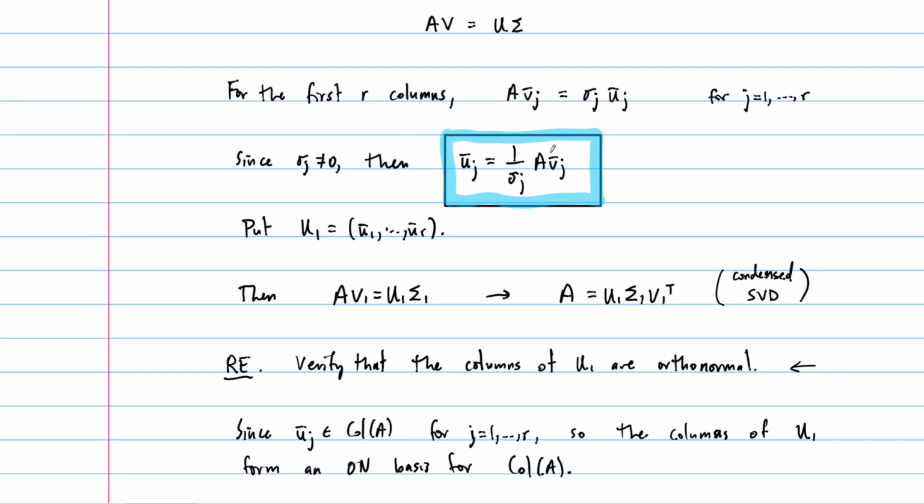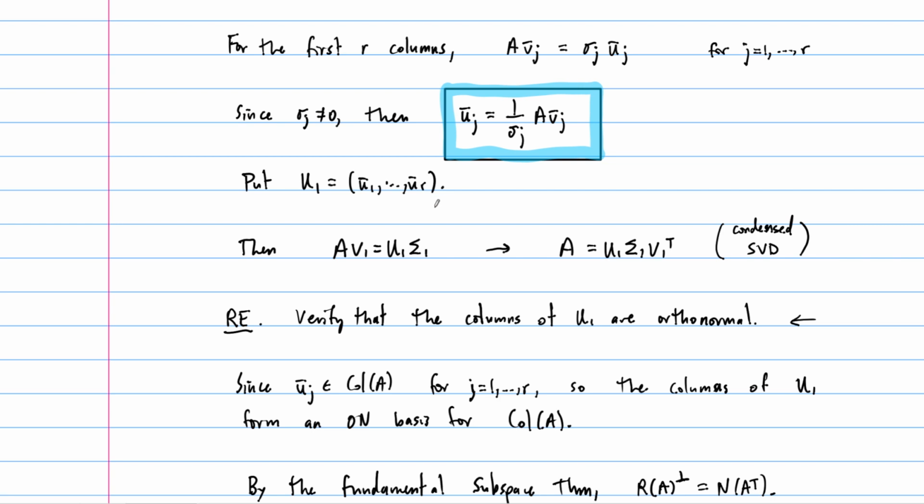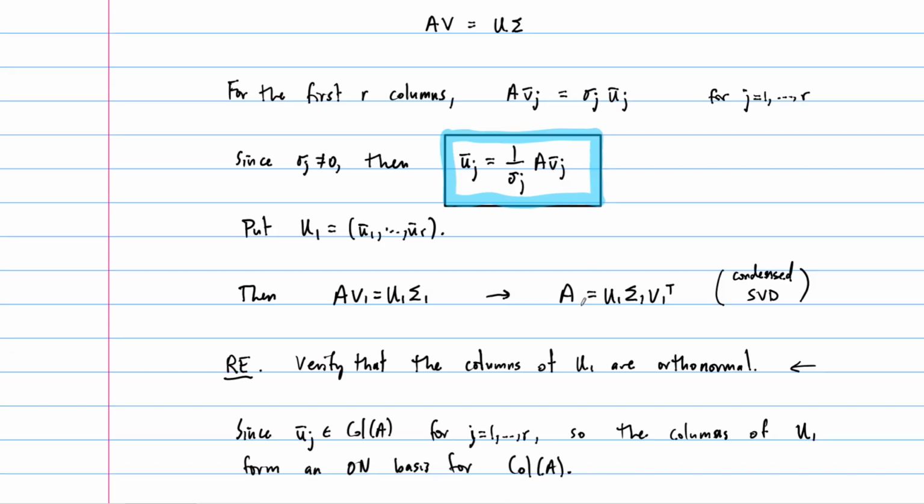And if there are any columns left over of U, then we just find a basis for the null space of A transpose, and from there you use Gram-Schmidt to make that basis orthonormal to find the rest of the columns. But this formula right here will give us orthonormal columns for the first R columns of U automatically. So it's a very useful formula.